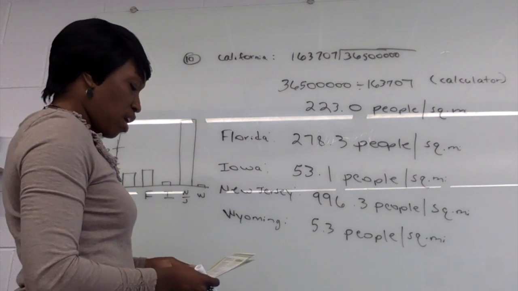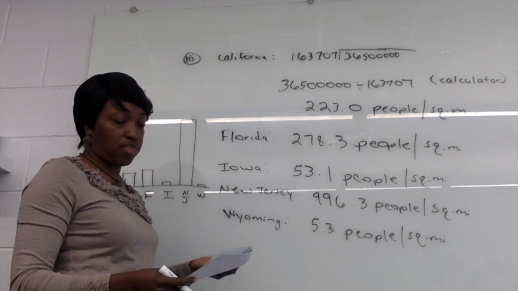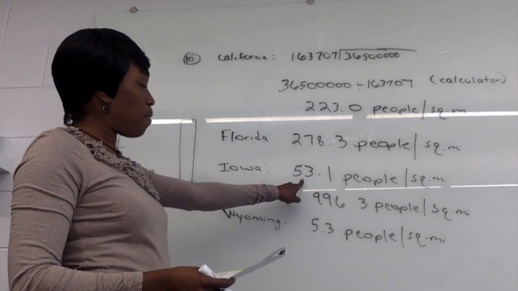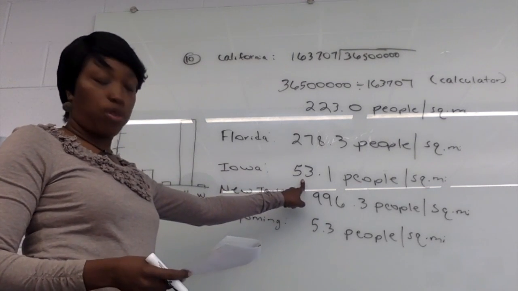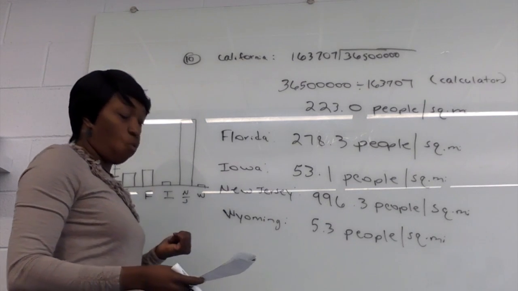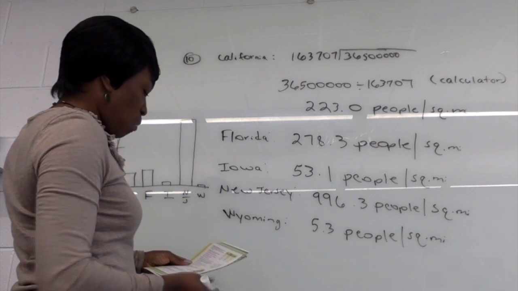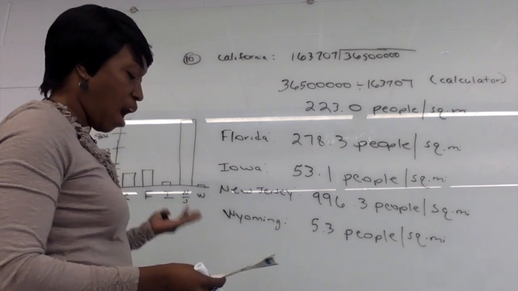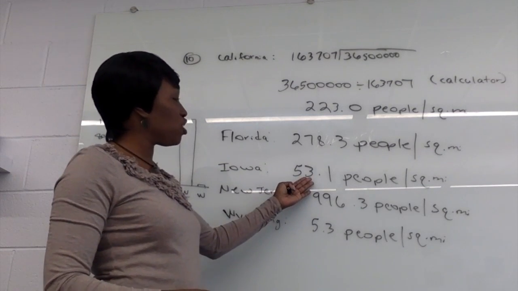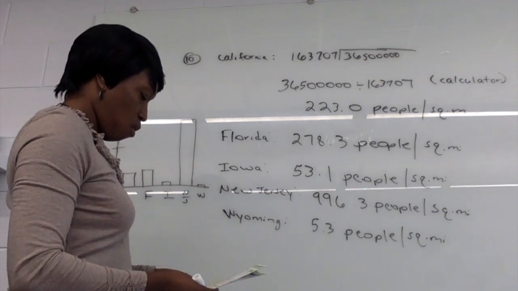So if Iowa's population is 2,990,000, and the area for Connecticut is 4,875, we know it's going to be a slightly higher population density, okay? So this is the population density for Iowa, and that's going to give us a higher R for it.